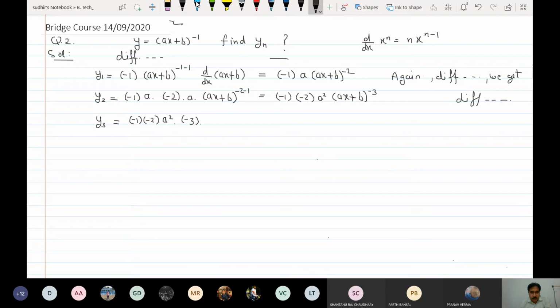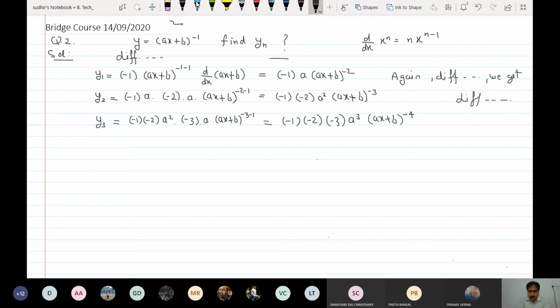It is minus 3 into a into (ax plus b) raised to the power minus 3 minus 1. So if we maintain again the symmetry, it is minus 1 minus 2 minus 3, then a cube into (ax plus b) raised to the power minus 4.